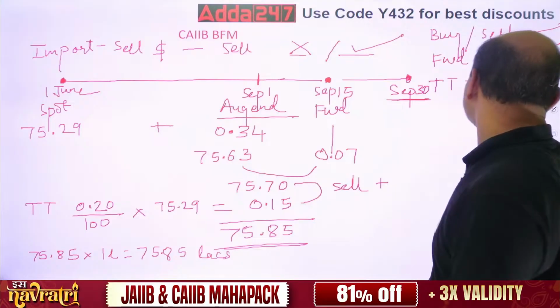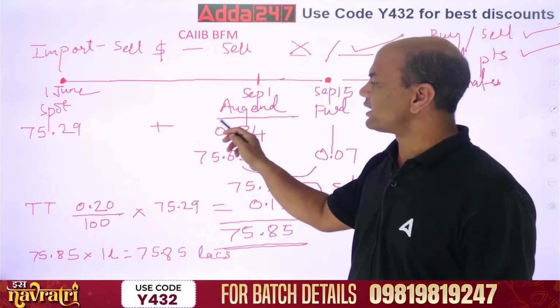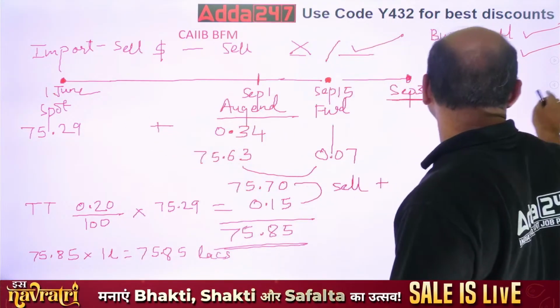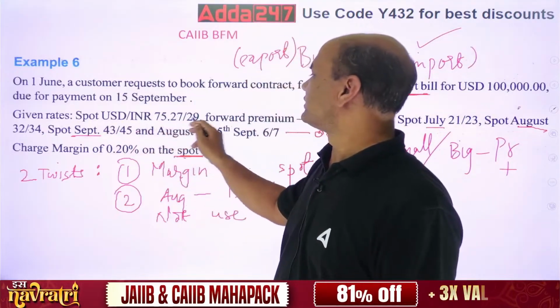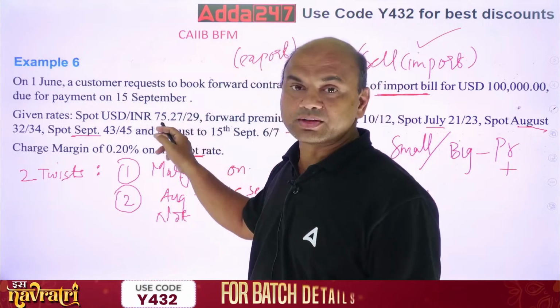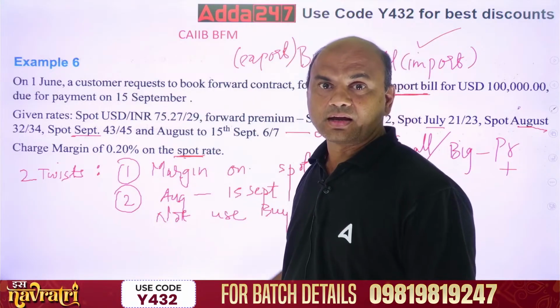So now look at it. August end rate I am having. What is the spot rate now? 75.29. How do you know the spot rate? See, it's given. USD spot is 75.2729. So take this 29. Why 29? Because 27 is for buy, for export. I want sell now, import.